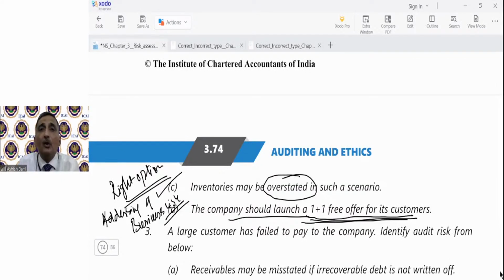The company may have to sell the product in the market at a value which is lesser than its cost, कि वो बिक ही नहीं रहे, तो मैं उसको डिस्काउंट में बेचूंगा ना, 100 रुपए की चीज 80। I would sell an item costing rupees 100 for rupees 80 just to finish my stocks, just to make them move. So there is a chance that inventories could be overstated. So is that clear to you, Siva Ranjini?